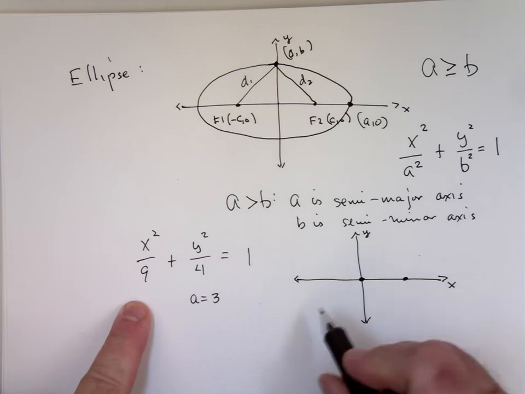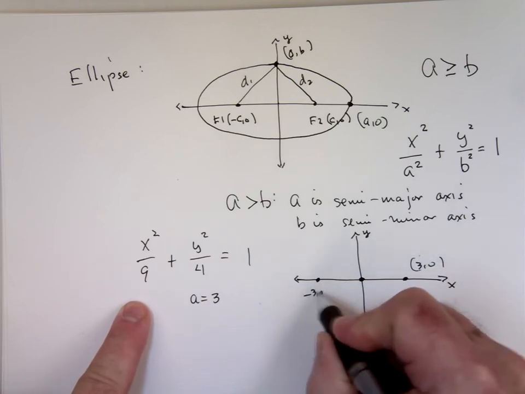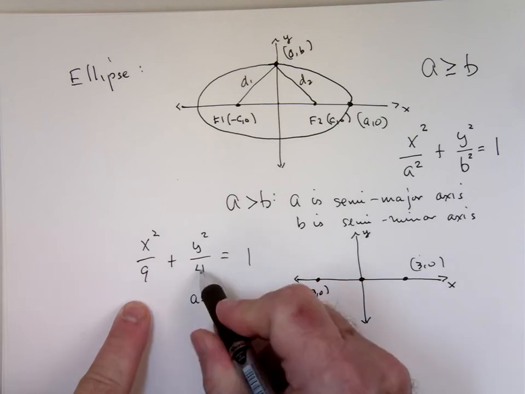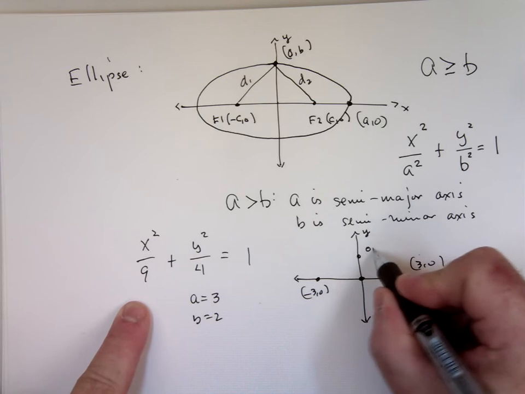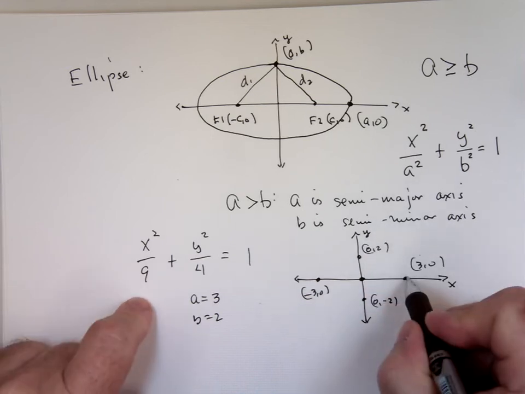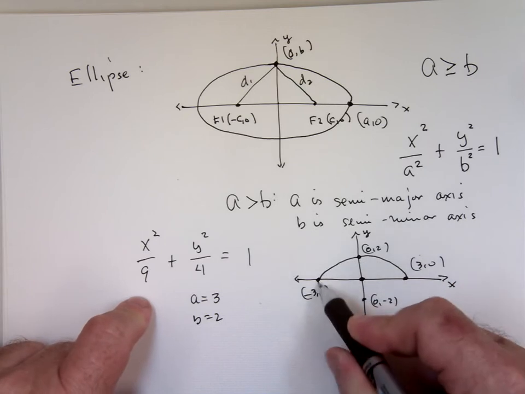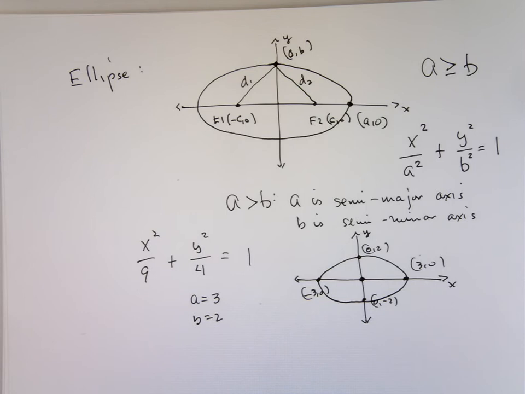Length of the semi-major axis. B squared is 4, B is 2. Semi-minor axis. And this would be our ellipse. Now the question is, how do we find the foci of this ellipse?